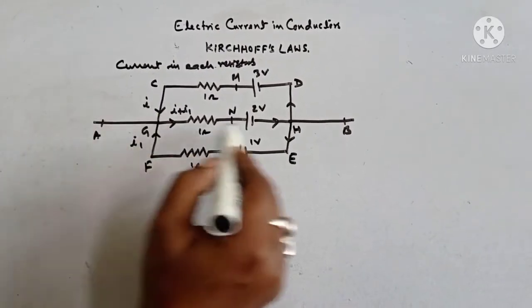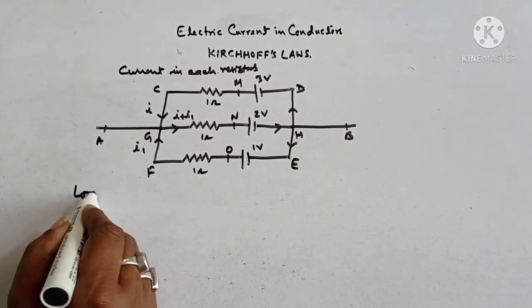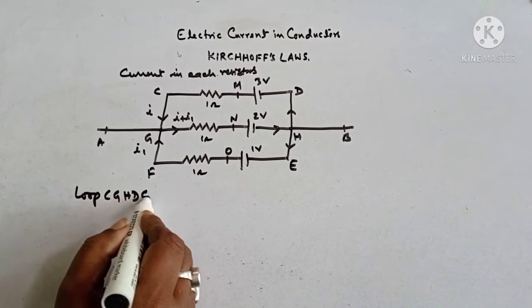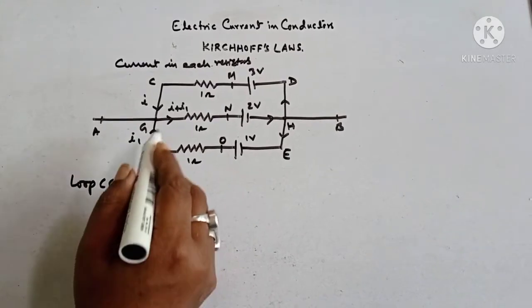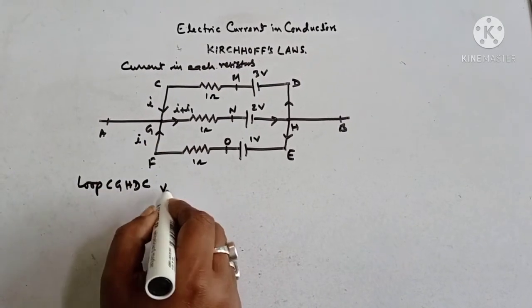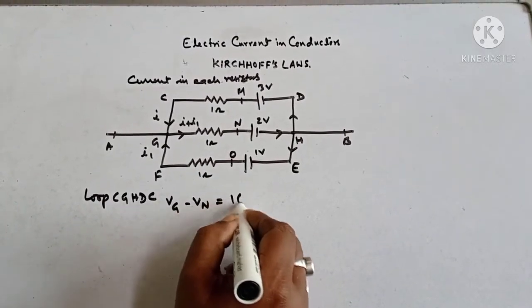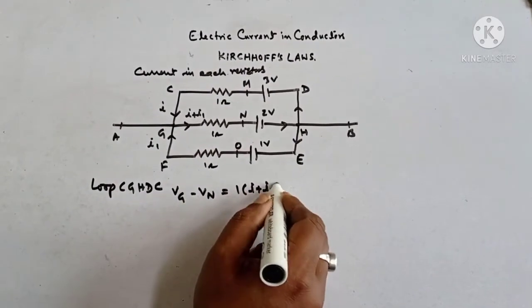Now I am going to consider the loop CGHDC. In this loop you see Vg minus Vh is equal to 1 into (I plus I1).